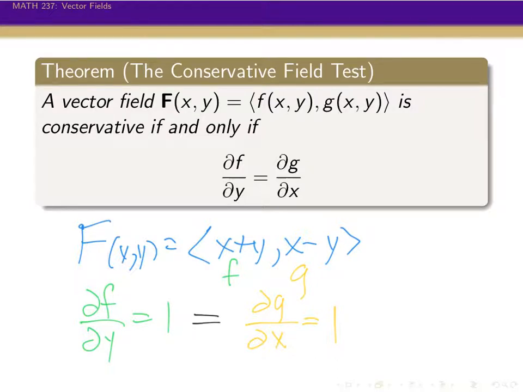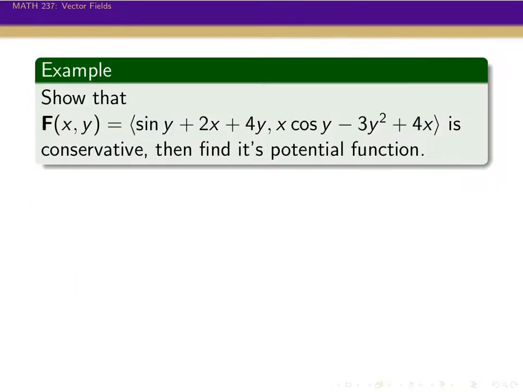And it's kind of hard to tell, because you're integrating two different functions, and it's difficult to see if things match up the way you want them to. So it's much easier to do this test, essentially checking that the mixed partials work. And if that works, then that tells you you have to be able to find the potential function. And so often that makes things a little less frustrating.